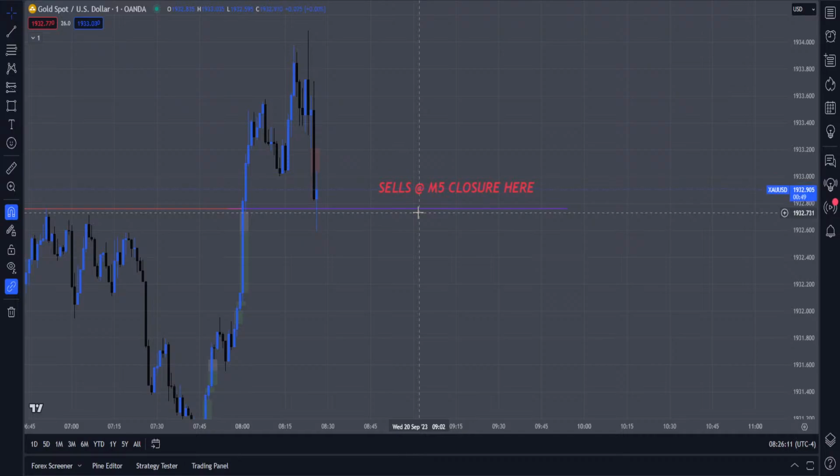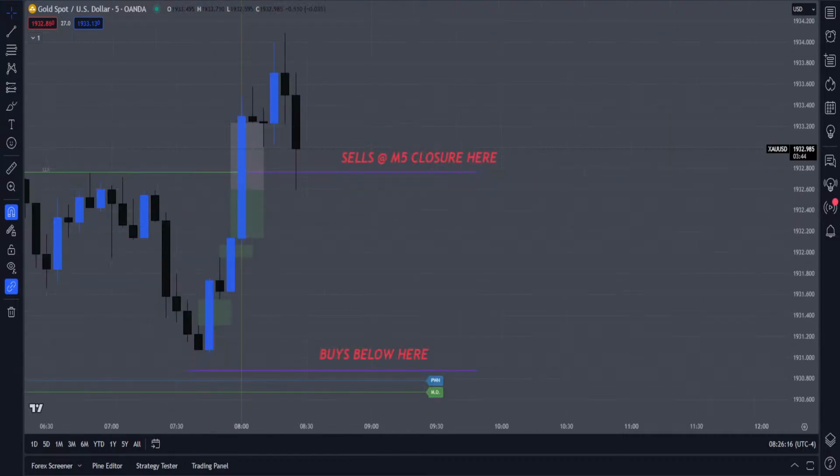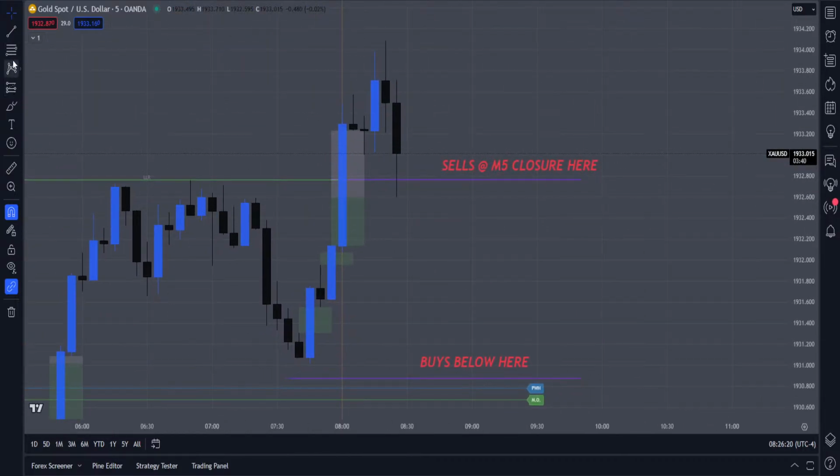Okay, so if we could get a 5-minute closure right below this line here, we can take the trade. We will take the stop loss maybe above here, and let me go ahead and make sure my magic keys and stuff are ready for this trade.